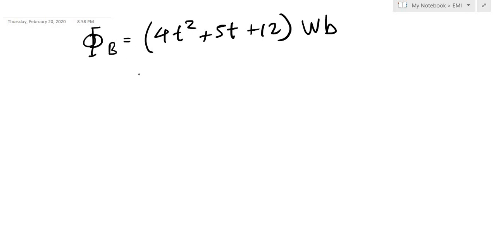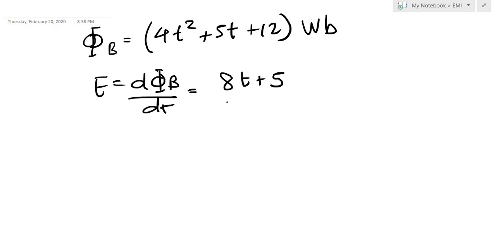So without hesitating we can just differentiate with respect to time, because E is d phi over dt. I'll just skip the differentiation and all the formulas. The answer is 8t plus 5, and they're telling us to find EMF at t equals 3. So we can just substitute t as 3.